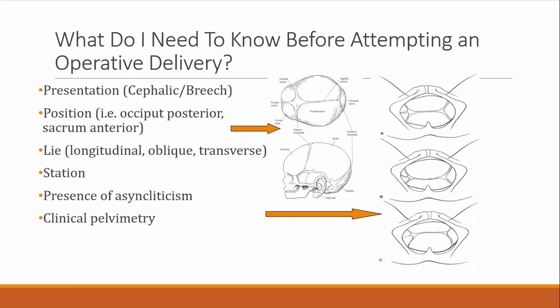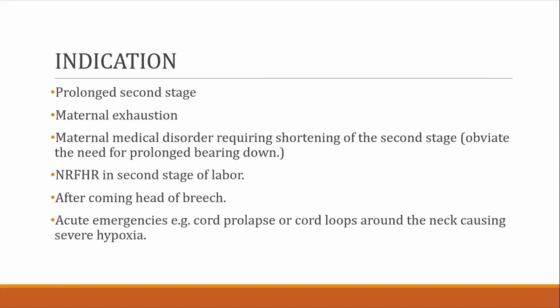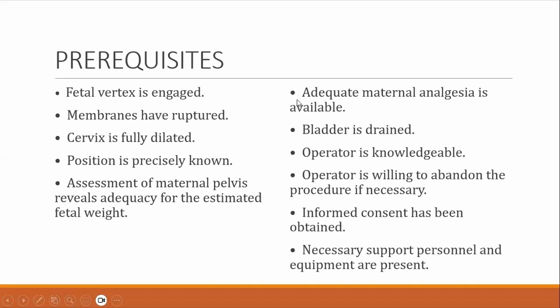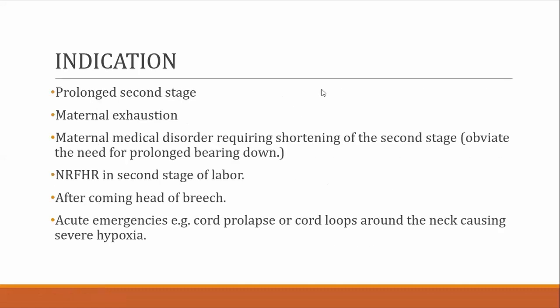So when do we practice operative vaginal deliveries? What are the indications? One is when we have a prolonged second stage, which can be defined in different ways. When we are talking about operative vaginal deliveries, we should know the indications first. So let's see some of the indications.